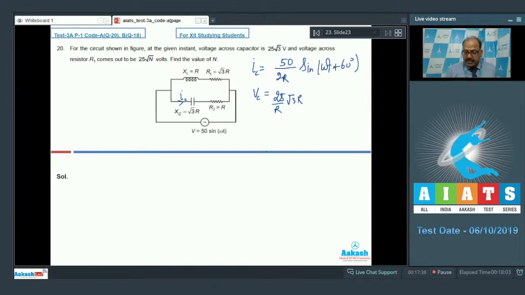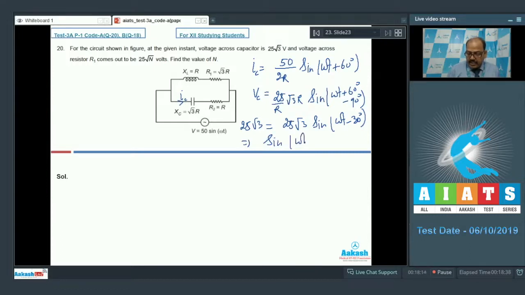Now this VC will lag behind this current by pi by 2, that means its phase is given as sine omega t plus 60 degree minus 90 degree, or it is 25 root 3 sine omega t minus 30 degree. Right? Now if this value at an instant is 25 root 3 volt, this means the value of sine omega t minus 30 degree can be taken as 1.